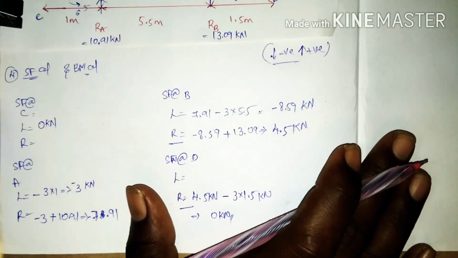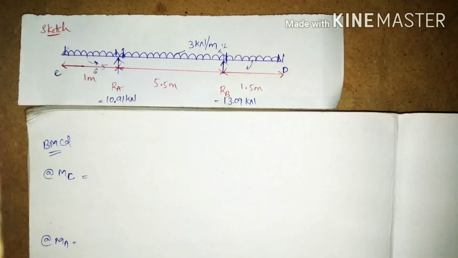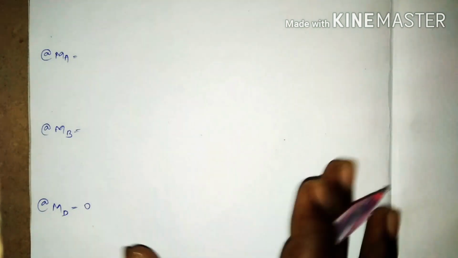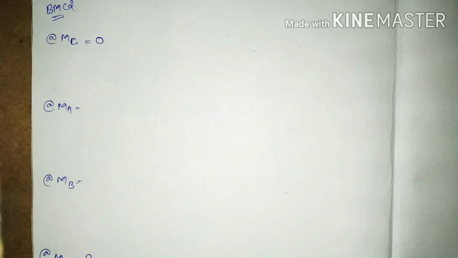Next, moving on to the bending moment calculations, the moment about C and the moment about D are 0 because there is no perpendicular distance after D and after C to multiply with this point. We remain only with the moment about A and the moment about B to find out.